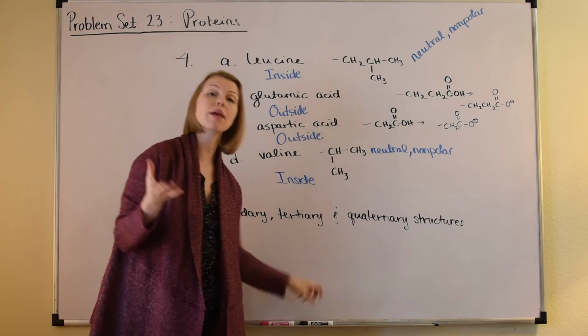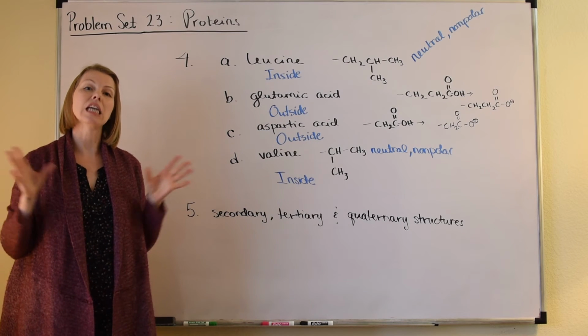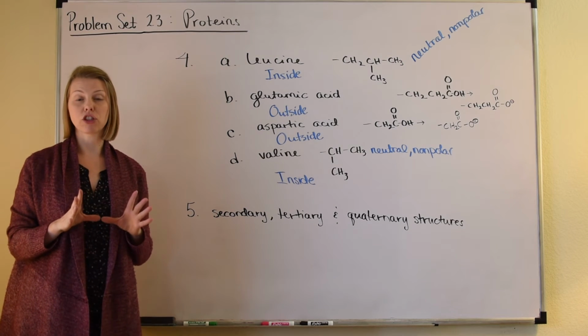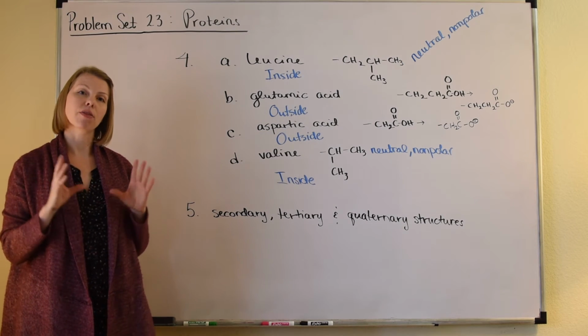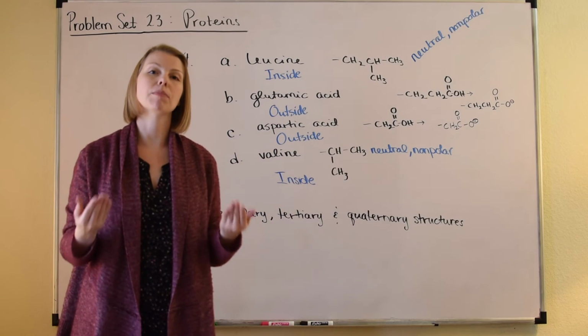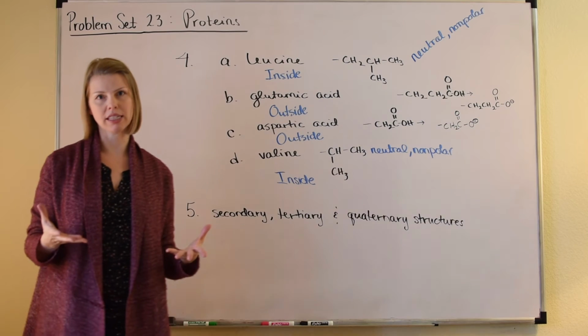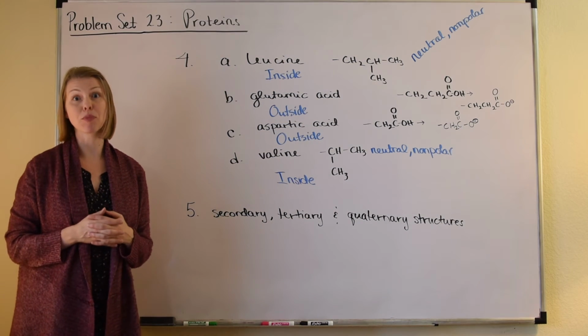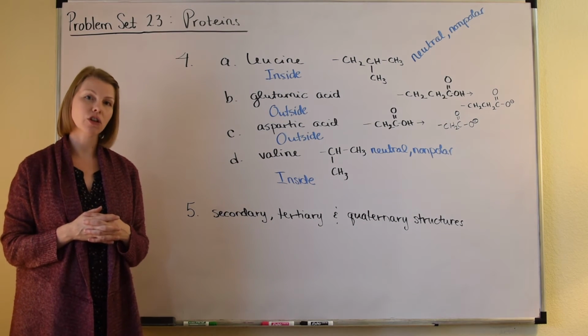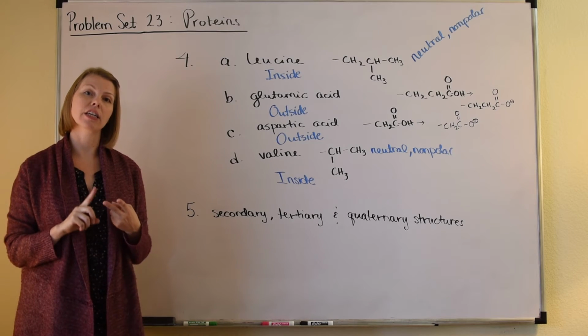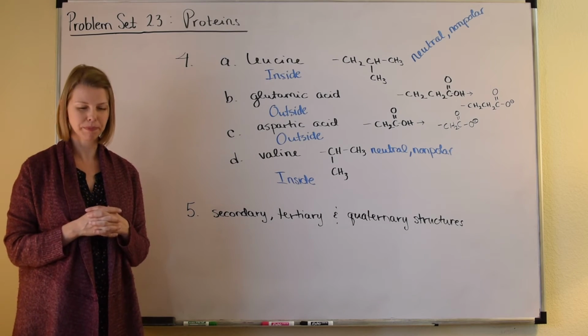Remember that the primary structure is not affected by denaturation, that the primary structure can only be broken apart by the chemical reaction known as hydrolysis. So that's what would affect the primary structure. Denaturation affects just the secondary, tertiary, and quaternary structure.